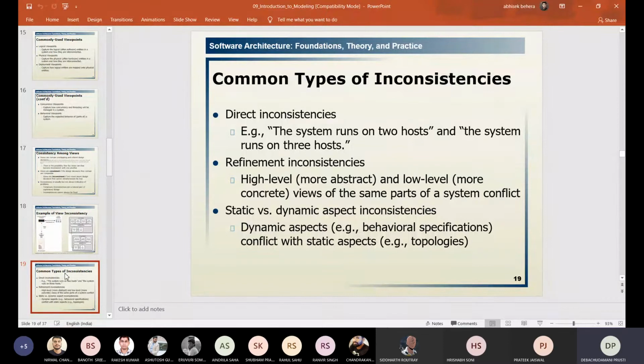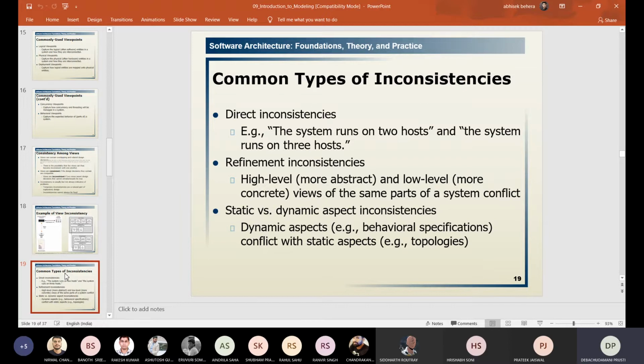Then refinement inconsistency. It is when a high level or low level view of the same part of a system conflicts. It is a higher level or lower level conflict, and it will create the inconsistency. Then static and dynamic aspect inconsistency. The dynamic aspects are the behavioral specifications that will create the inconsistency, and the static aspect is the topology.